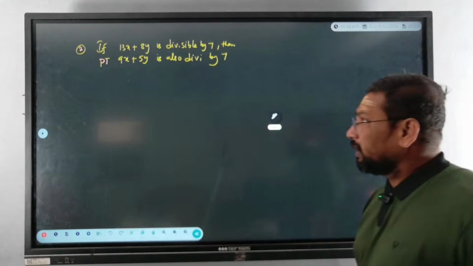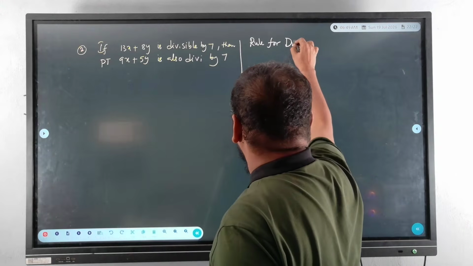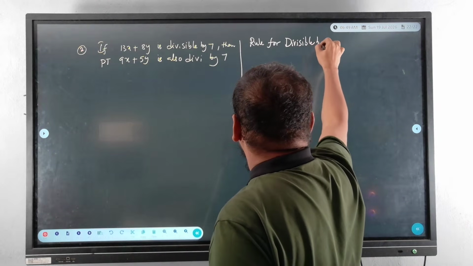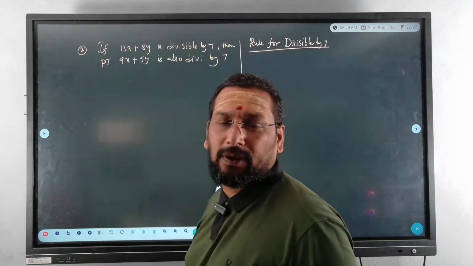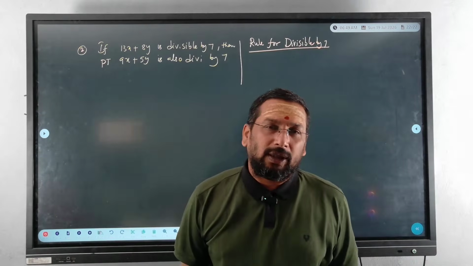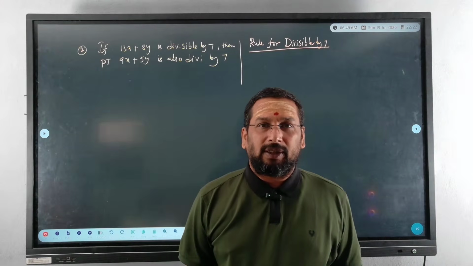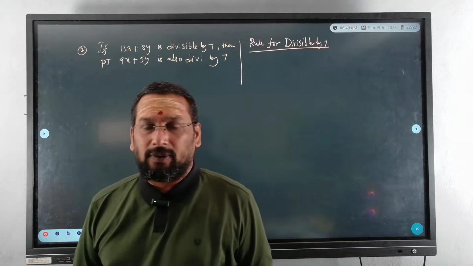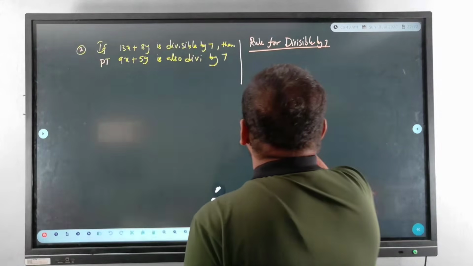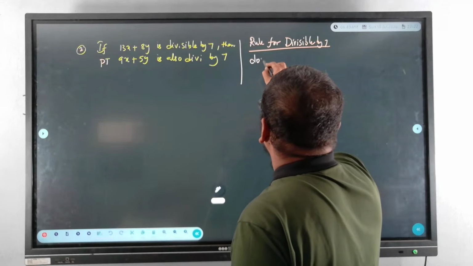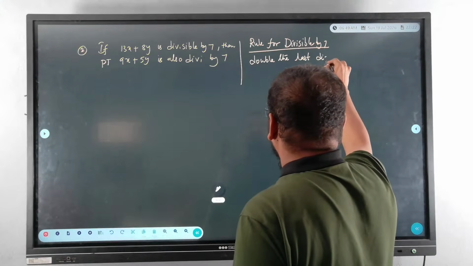What is the rule for divisible by 7? You know divisible by 2, 3, 4, 5, 6, 8, 9, 11, 12, but what is the divisibility rule for 7? Simple.